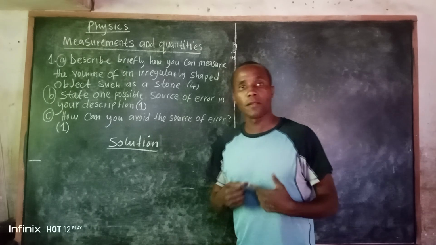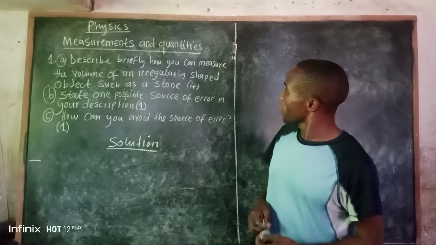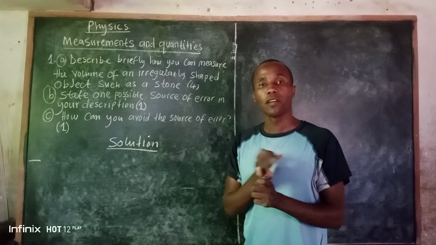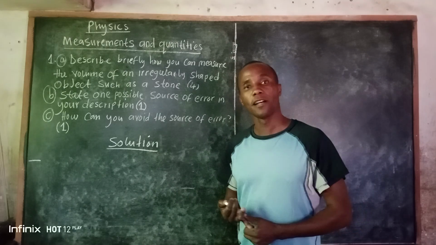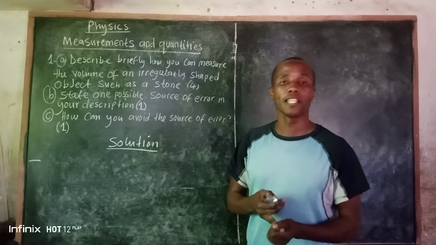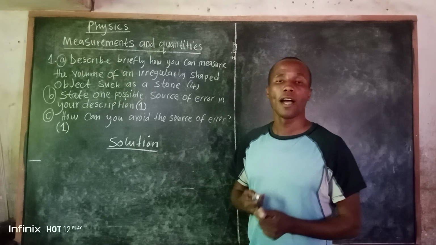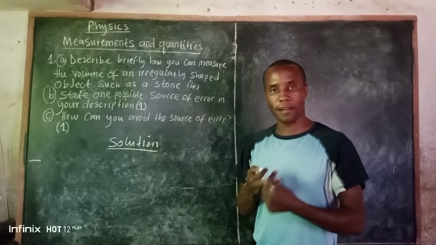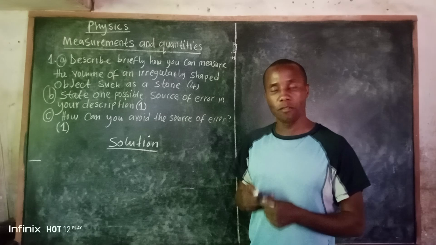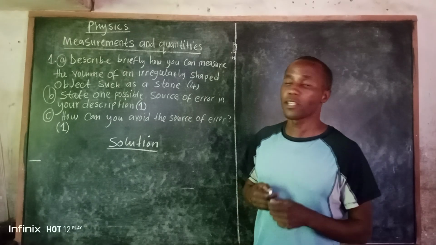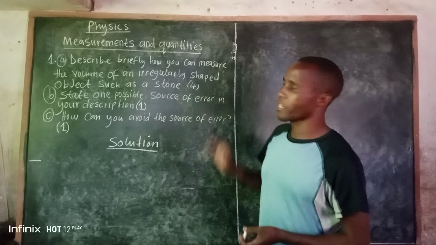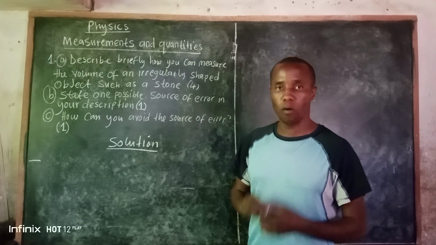First, you should have a measuring cylinder. Second, you should have water in that measuring cylinder. Third, you should have a string, a thread, so that you can tie the irregular object. These are the things you should put in place to measure the volume of that object.